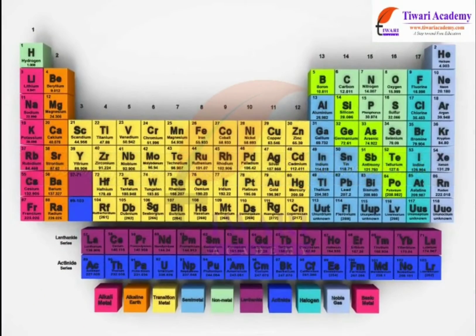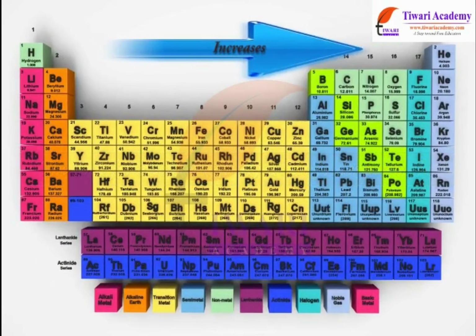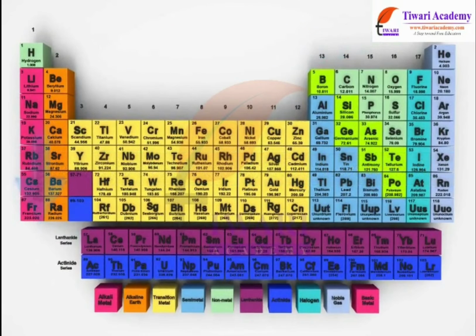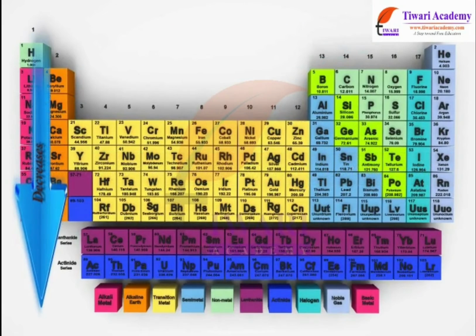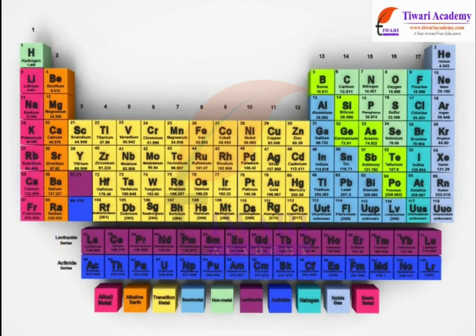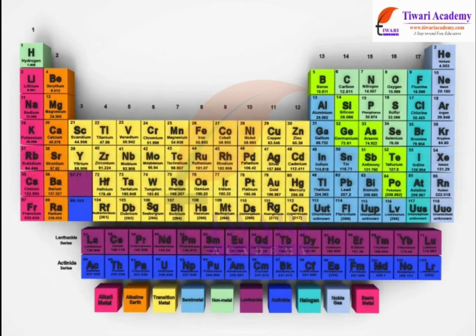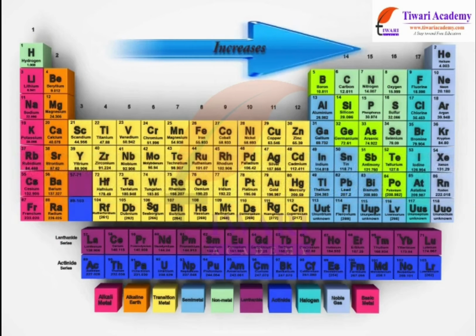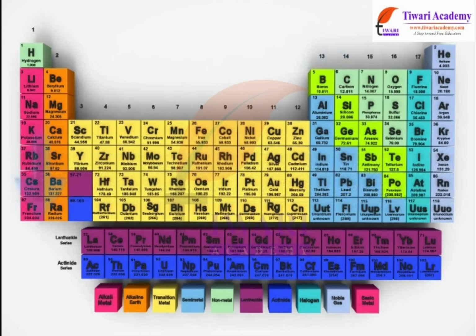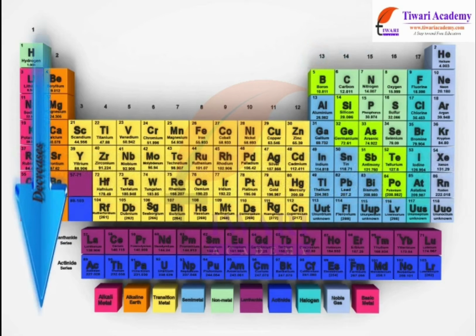The electron affinity increases across a period while it decreases down a group. The tendency of an atom to attract the shared pair of electrons towards itself is known as electronegativity. Electronegativity increases across a period while it decreases down a group.